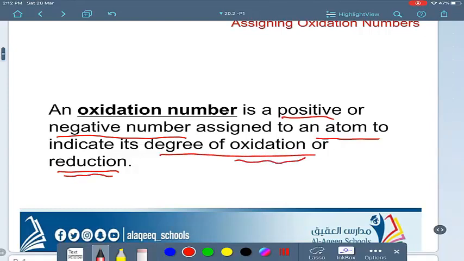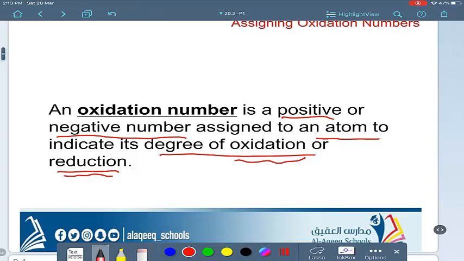We said the element, the ion, the atoms in a molecule, whether this or that, increase the number of oxidation or decrease this number. The number assigned to any of them is the oxidation number. We can say it is like the charge of each element.